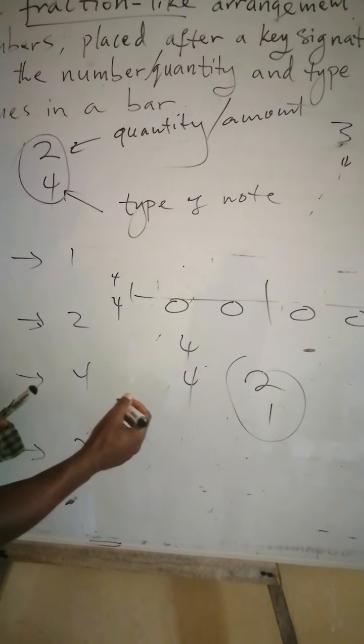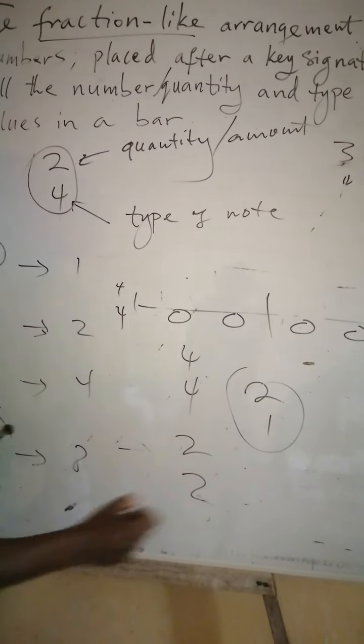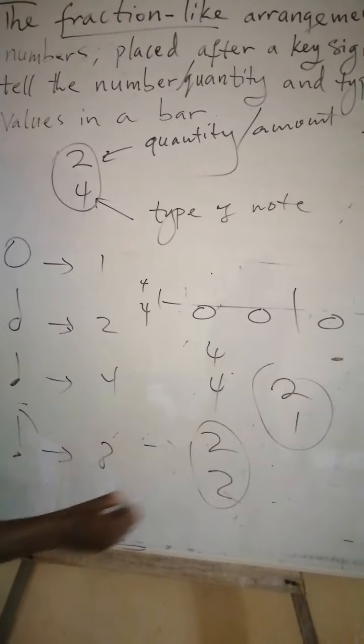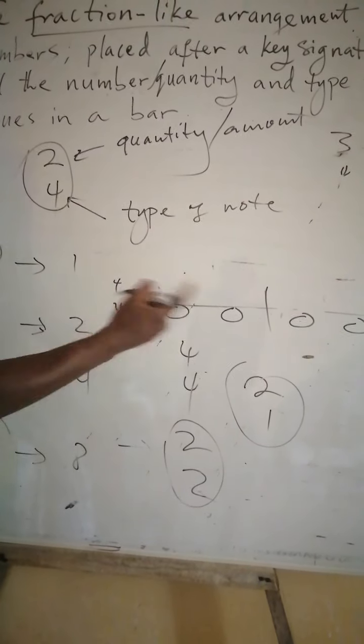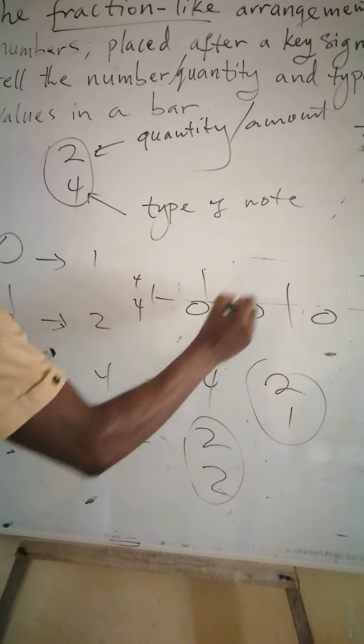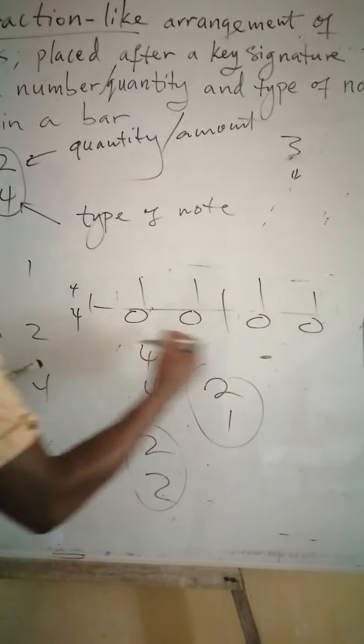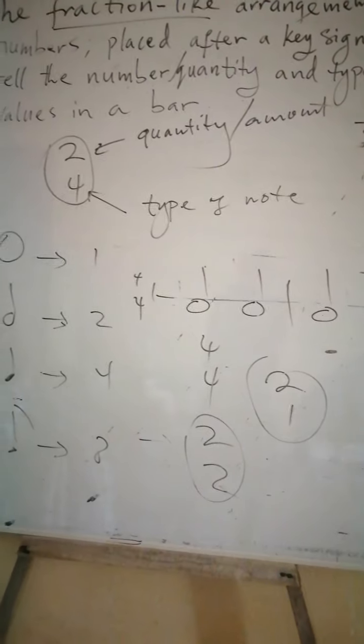If I write 2, 2, it means that we have to see 2 minim beats in a bar.